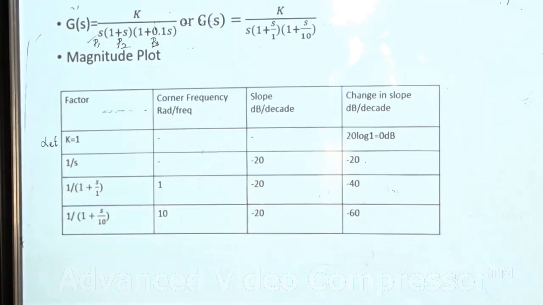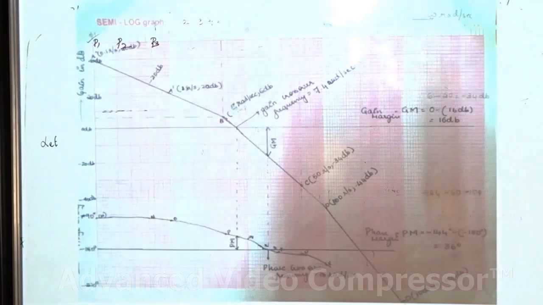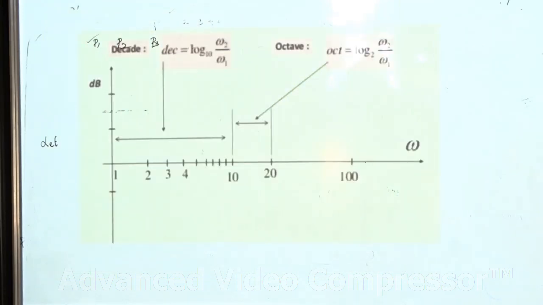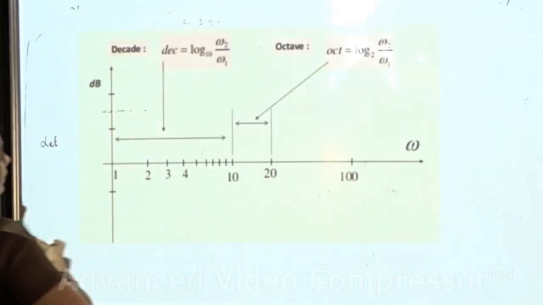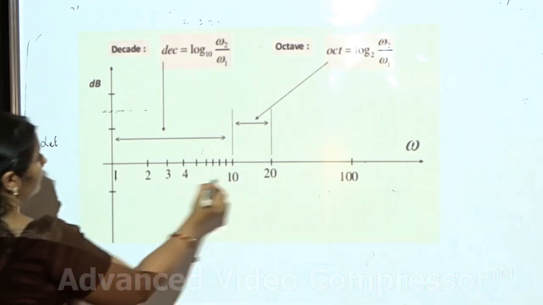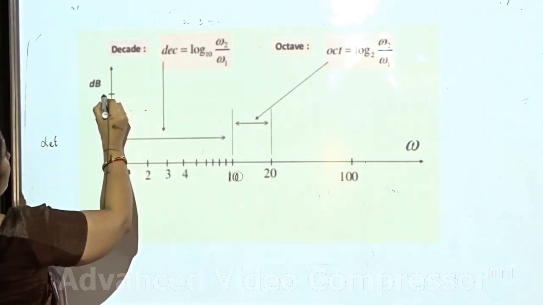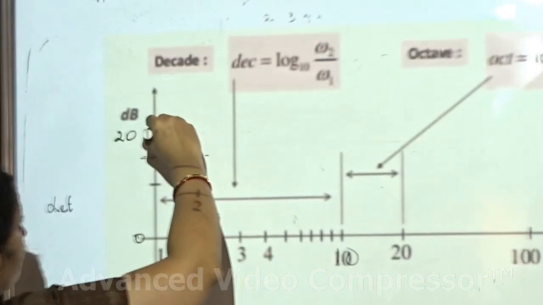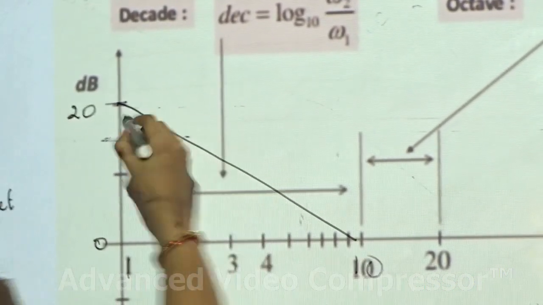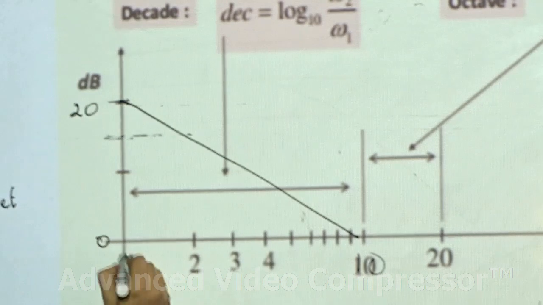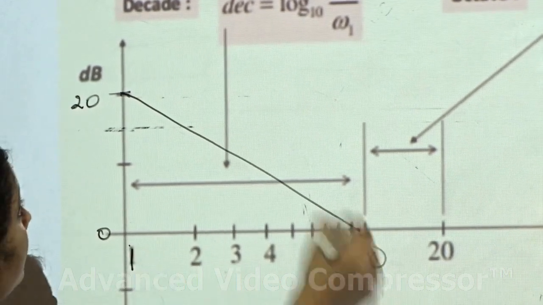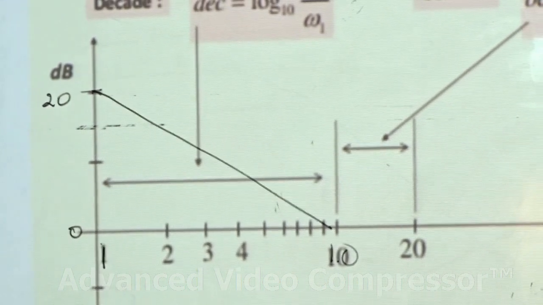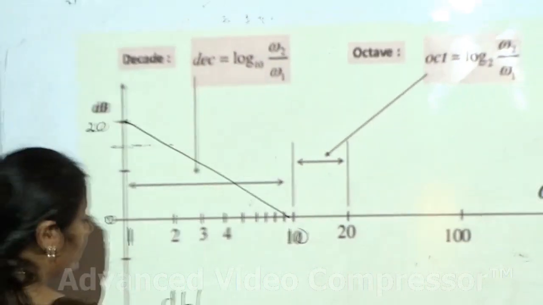So we were discussing what is this octave and decade. You can see here, decade means we are going from 1 to 10. Suppose this is 20 and this is 0. If I am coming down from 20 to 0, from a frequency of 1 to 10, it is decade. We are decreasing it in decibels per decade.